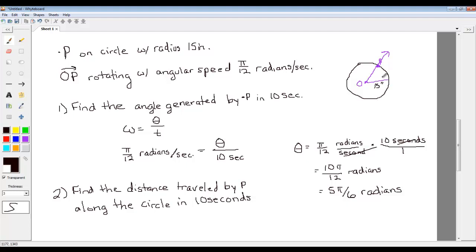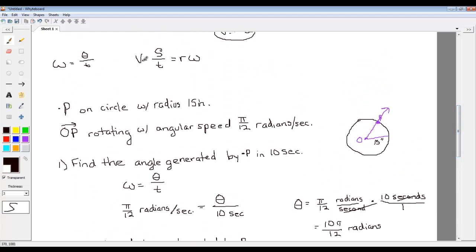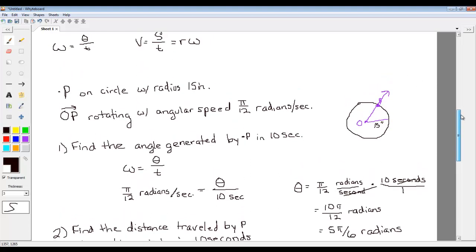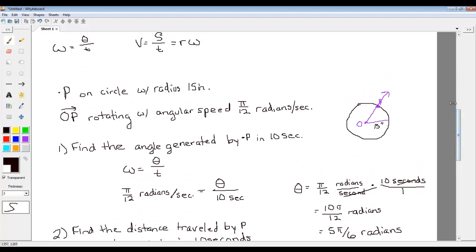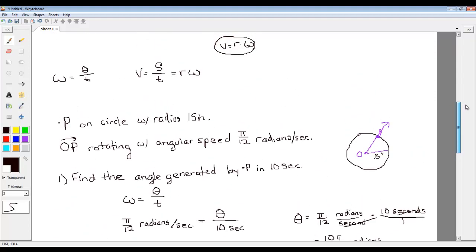As it's traveling, how far did it go? If you track its path along the circle and lay that out flat and measure it, how long are we talking about? But remember, we've got a couple of things up here we can look at and see what might be useful. We know time, we know angular speed, we know the radius, etc.